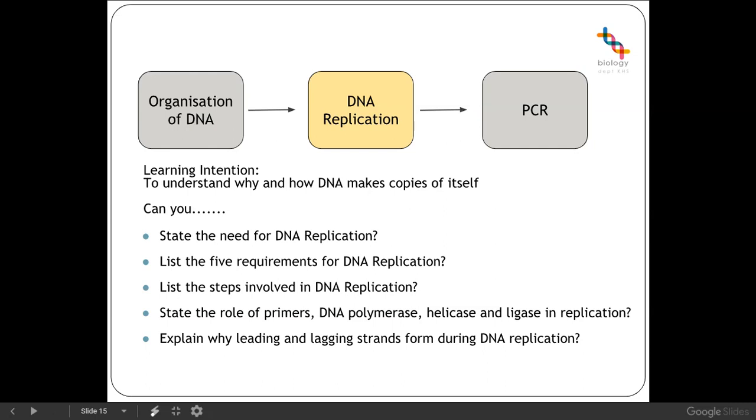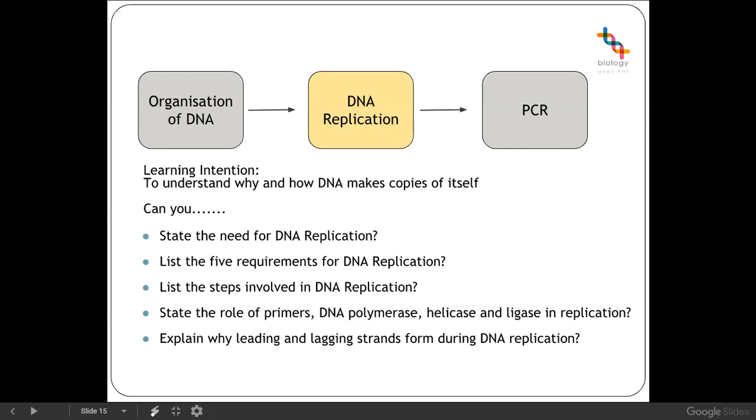That within DNA replication itself, we have the unwinding or unzipping of our DNA, the binding of a primer, and then the binding of free nucleotides to our template DNA, and then we have our formation of our DNA strand by DNA polymerase adding the new nucleotides to the 3' end of the new strand. On the lagging strand, we also require ligase, which is going to join the fragments together.